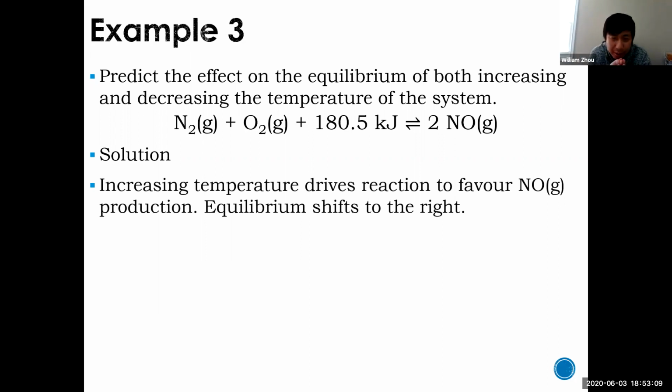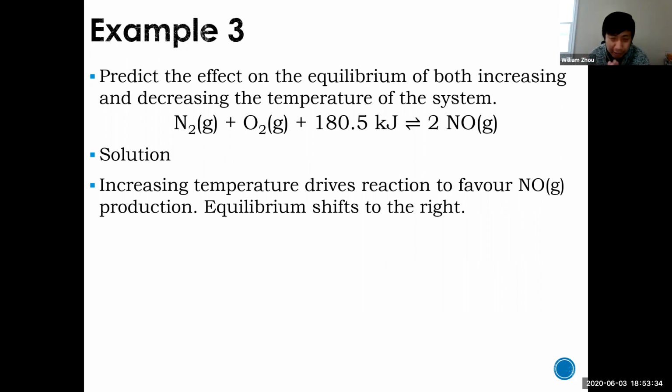If you increase the temperature, I'll explain again, you can see that the heat is found in the reactant side. If you increase the temperature, that means you will favor the production of more product since you are providing the energy that the endothermic reaction needs.